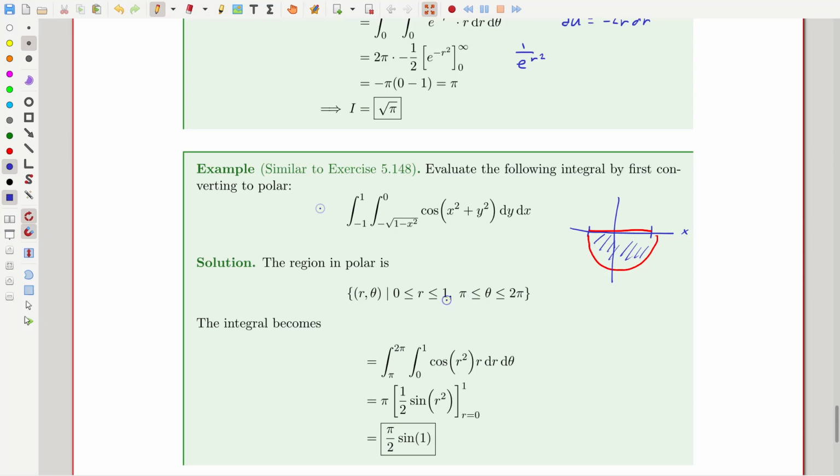From that, we can put all that information into the integral in polar, right? R going from 0 to 1, theta going from pi to 2 pi, the function that you're integrating being cosine of r squared, and then this extra r that is needed due to the fact that integrating in polar has this kind of area distortion.